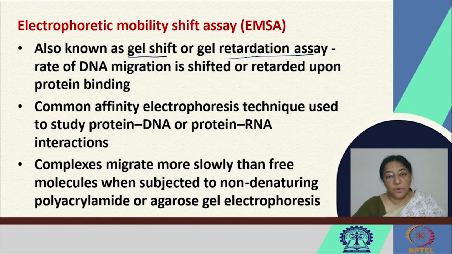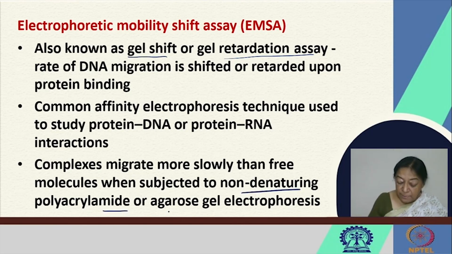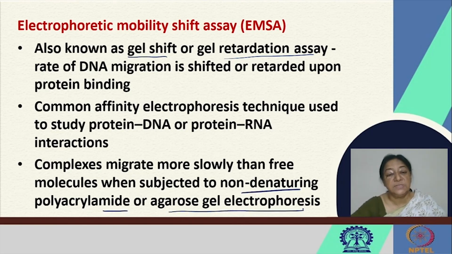On complex formation, the free molecules, when subjected to non-denaturing polyacrylamide or agarose gel electrophoresis, we realize that the migration is going to be much slower than the free molecules.